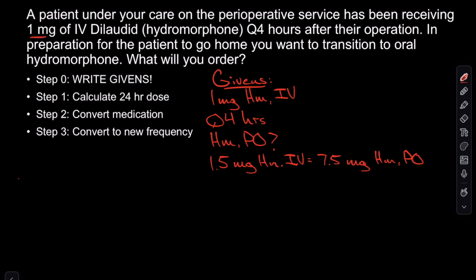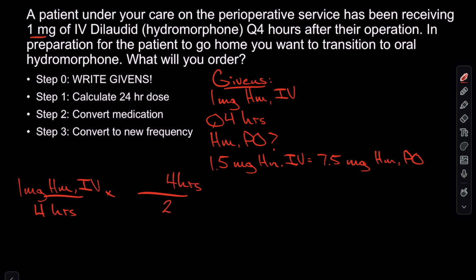The first step that we need to do is calculate our 24-hour dose. So they've been receiving 1 milligram hydromorphone IV. Units are so important. Every 4 hours. And then we're converting to every 24 hours, so put 4 hours on top.